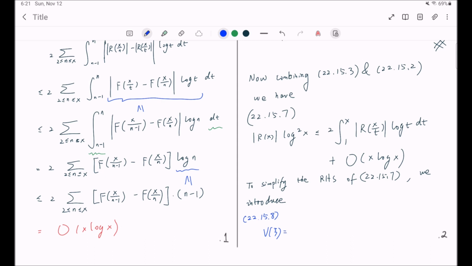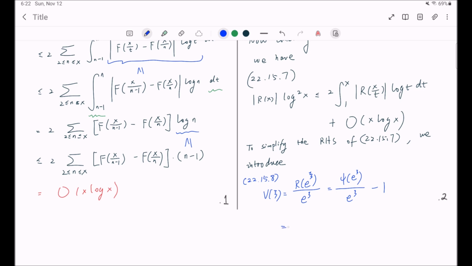This guy is defined as r of e to the psi divided by e to the psi, which, if you read back to the original definition, is psi of e to the psi divided by e to the psi minus 1.